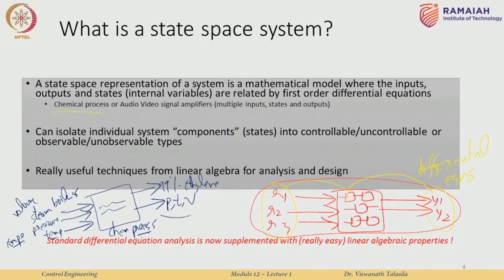So, these are the measurements over here, and these are the inputs to the system, and internally you have a lot of very complex dynamics going on, right, and the state space essentially manages to capture all these dynamics in one single framework, and we will see a couple of examples of this later.